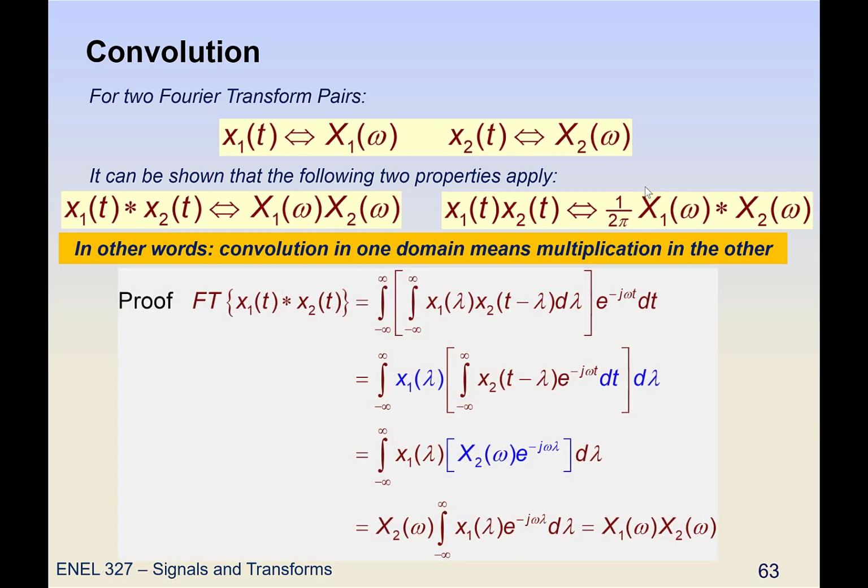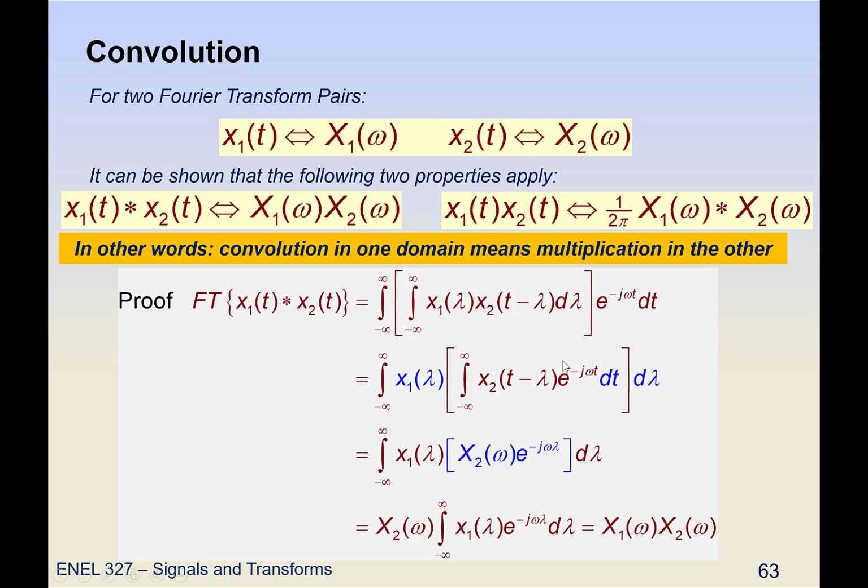And here's a proof of the first one anyway. I am directly putting in the definition of convolution into the Fourier transform. And then I am reversing the order of the time integration and the lambda integration. Remember, those are just dummy variables which we're integrating out anyway.